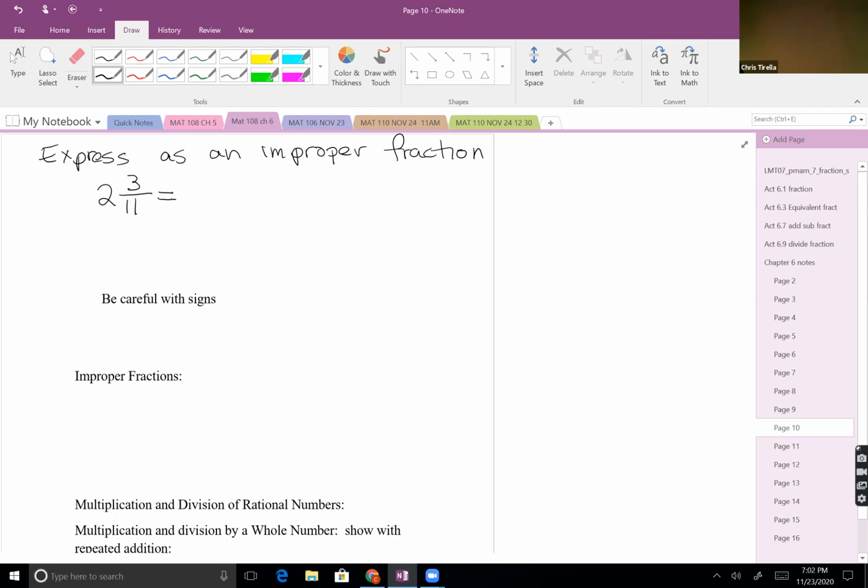And so in order to do that, I would have to take that 2 and multiply it by 11, thinking of multiplying it by 11 over 11 and adding the 3. So that would be 22 plus 3 over 11, or 25/11. Does that process look vaguely familiar, folks?